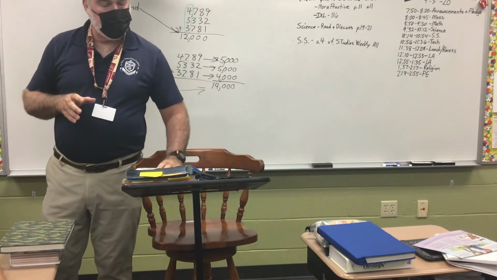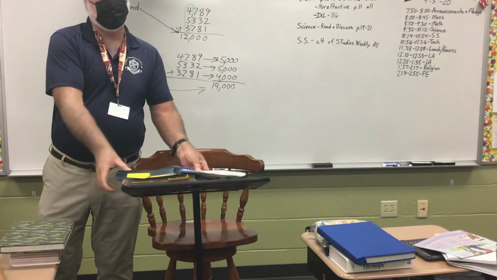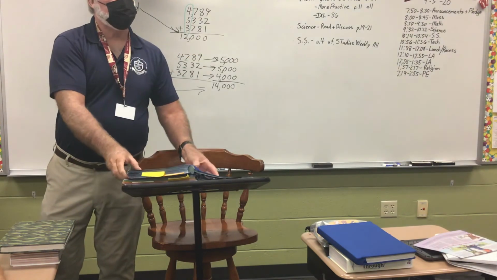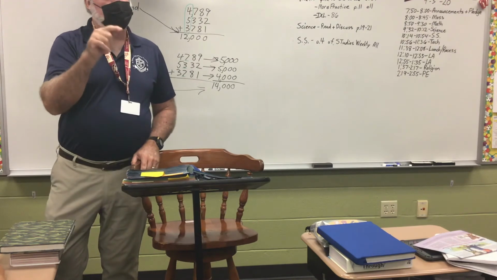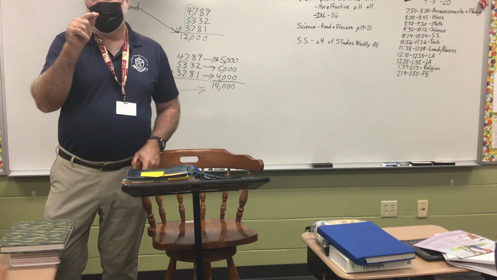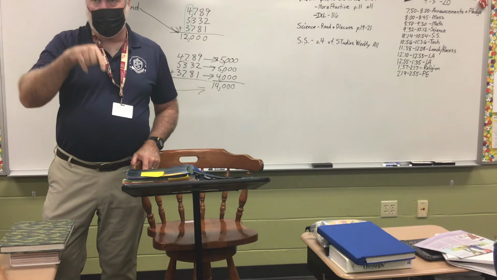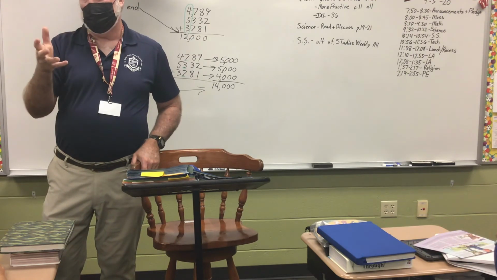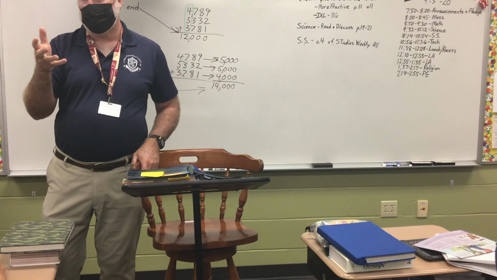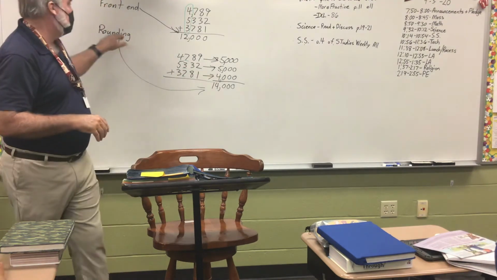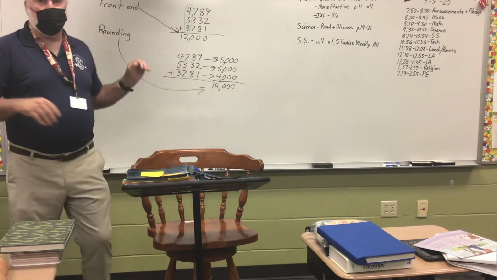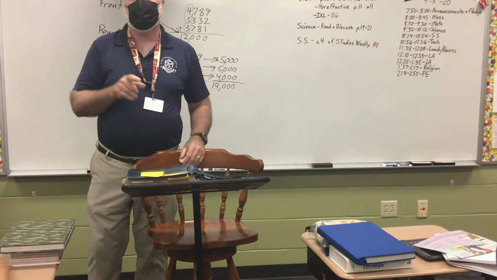When you are doing your book work in your composition book, make sure that you write down exactly if you rounded using front end or if you rounded using estimation, the rounding part, okay?